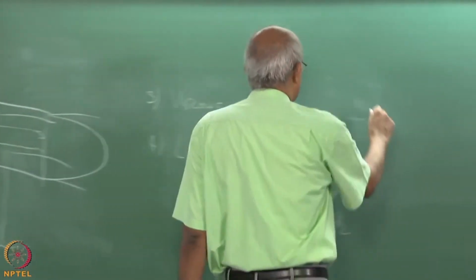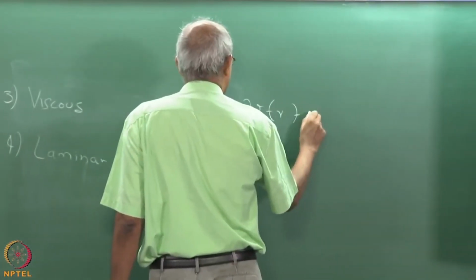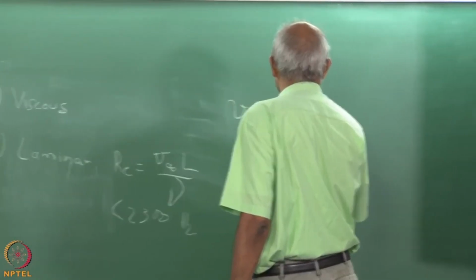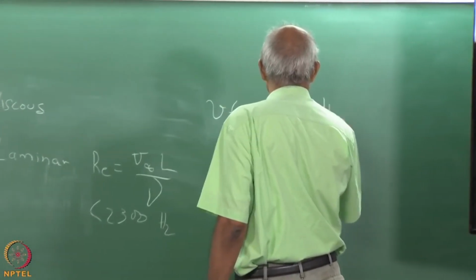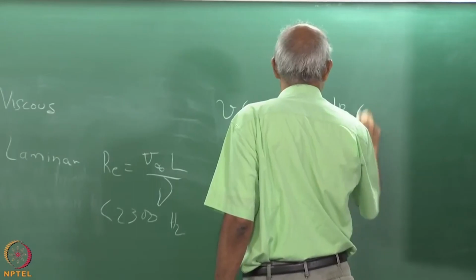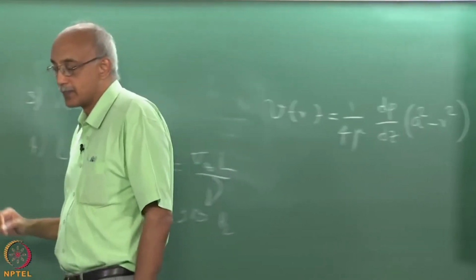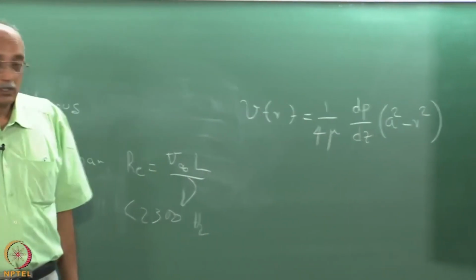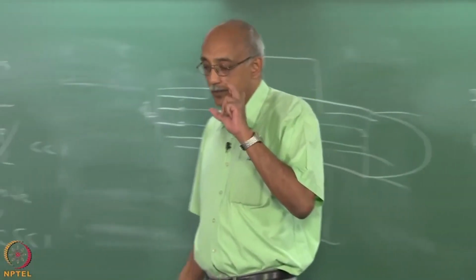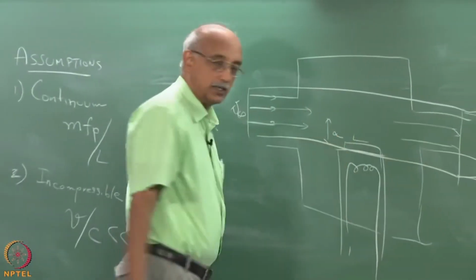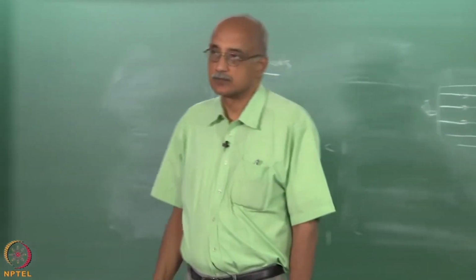So, you write it as V as a function of r being equal to 1 by 4 mu times dP by dz times a squared minus r squared, where mu is the dynamic viscosity, dP by dz is the pressure variation in the normal direction, and a is your tube radius and r is the radial distance.